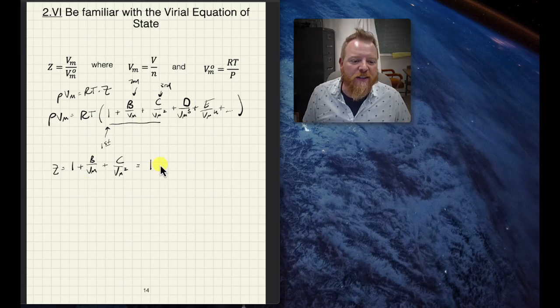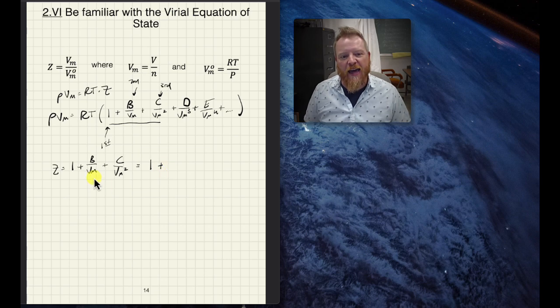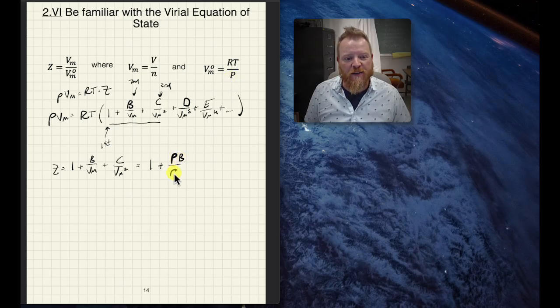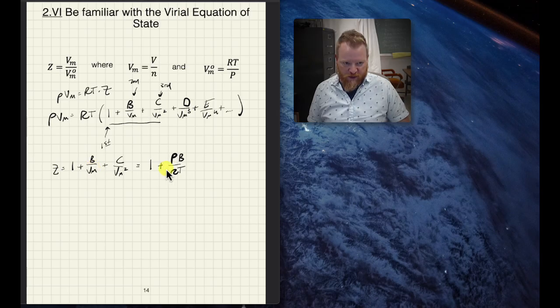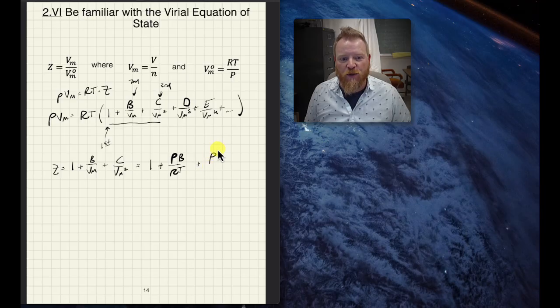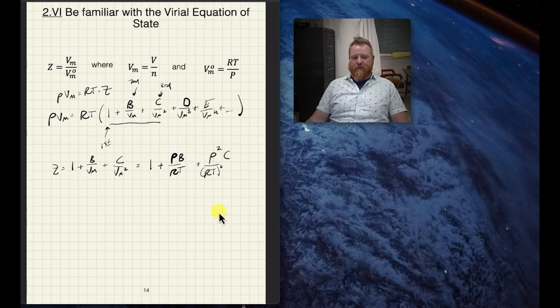So we could also write this as 1 plus, and instead of writing B over Vm, I'm going to write B over RT over P, and doing that algebra, that ends up with P over RT times B. And then substituting into the next term where we have Vm squared, that would go as P squared over the quantity RT squared times the quantity C.